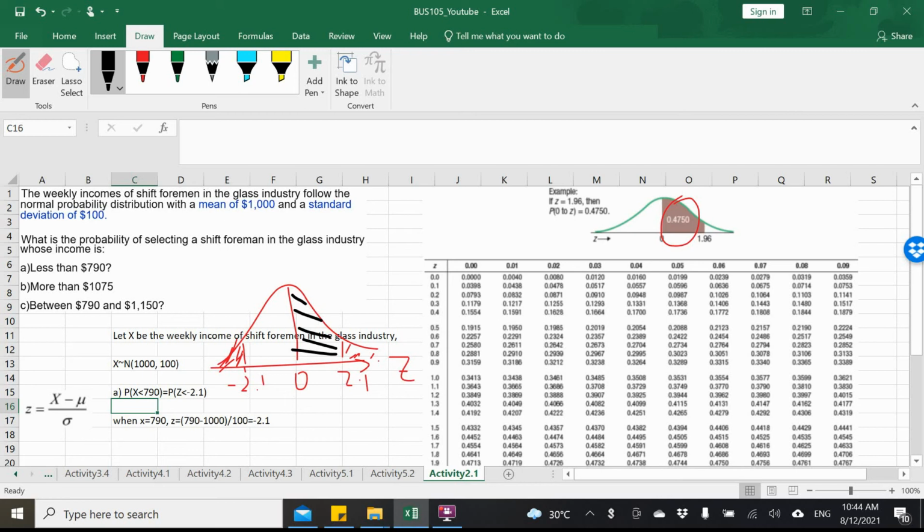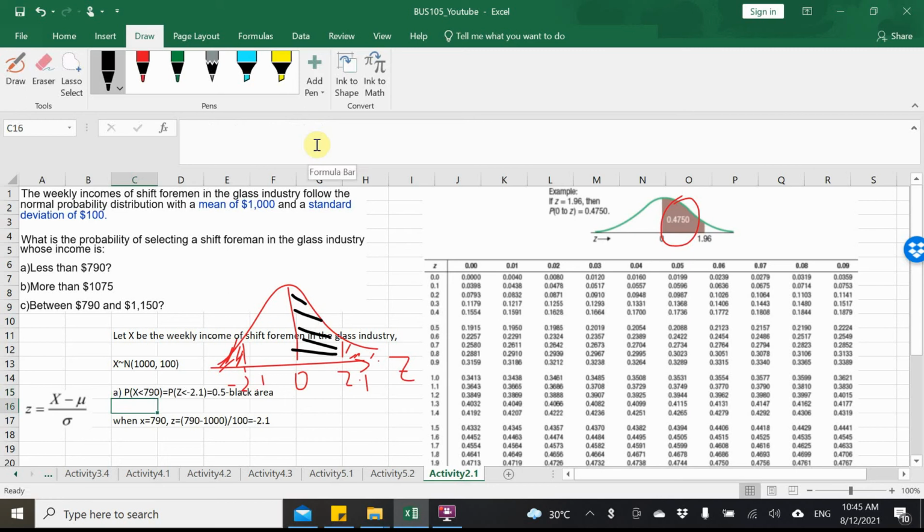What is the relationship between the shaded black area and our target right tail? The summation is equal to 0.5. So this probability equals 0.5 minus the black area.